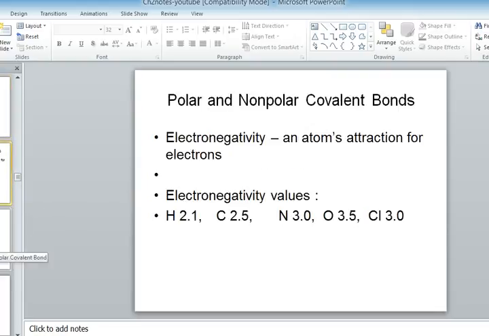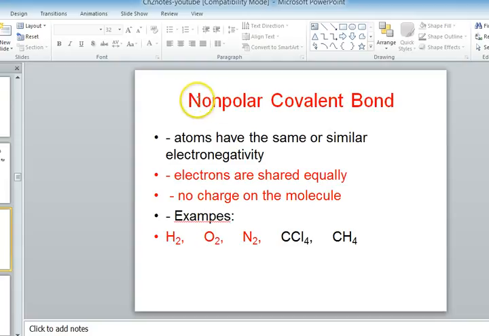Okay, so let's look at nonpolar covalent bonds. This is where atoms have the same or similar electronegativity, and the electrons are shared equally. There's no charge on the molecule. So notice right here, we have two of the same atoms of the same element on either end of that covalent bond.